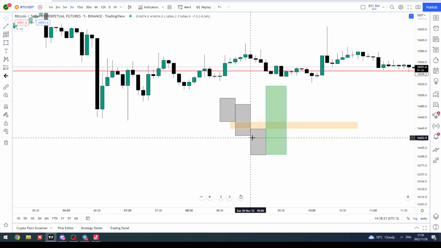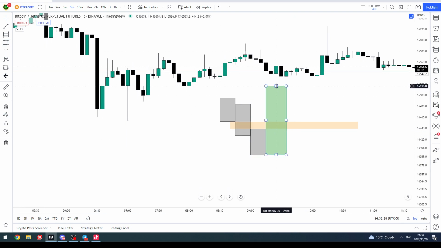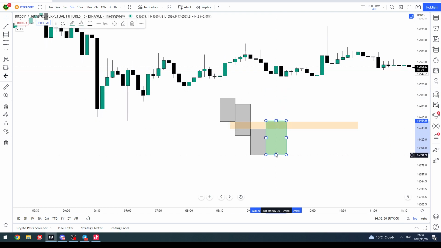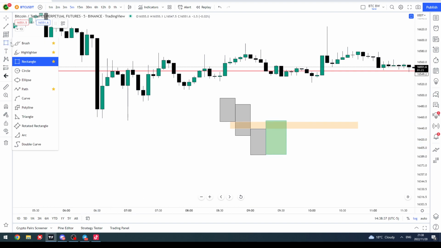If the candle that took the liquidity, if we had the situation where we were here and this candle was sort of lower or wicked lower like this, let's get in a tool here.